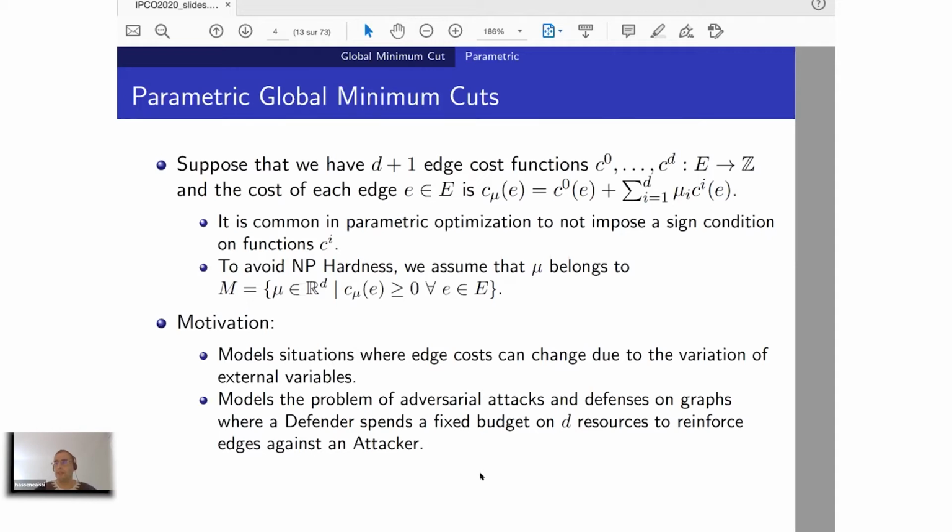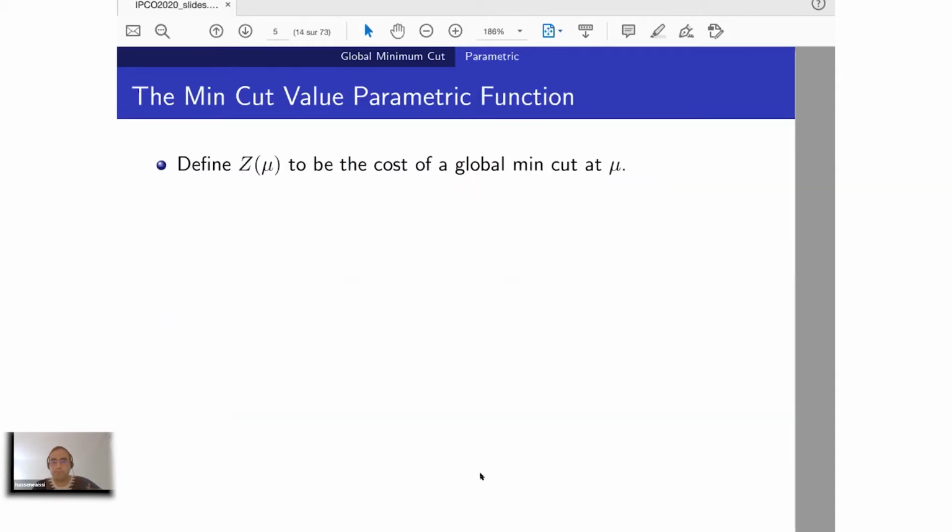So we have a defender who can spend a fixed amount of budget on d resources in order to reinforce the edges of the graph against an attacker. We will be interested in the minimum cut value when we vary all the parameters mu. So it is a parametric function.